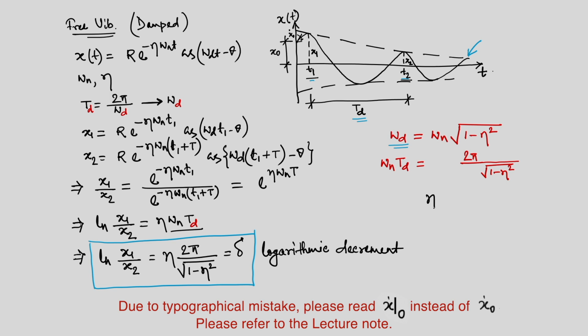Obviously, if we have eta which is much less than 1.0, then we can further simplify. So, our delta is equal to ln x1 by x2, which is approximately equal to twice pi eta.